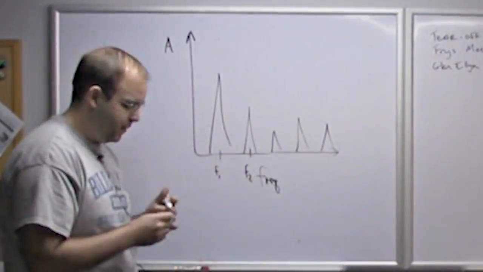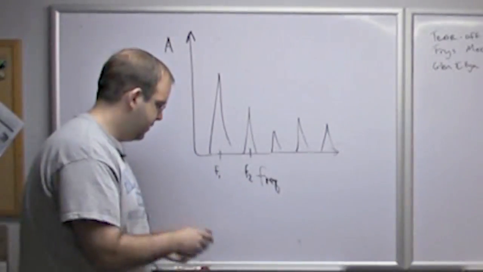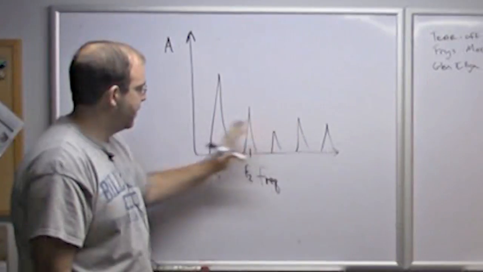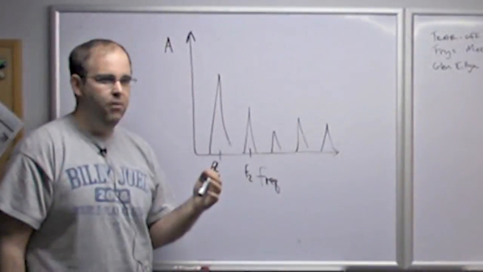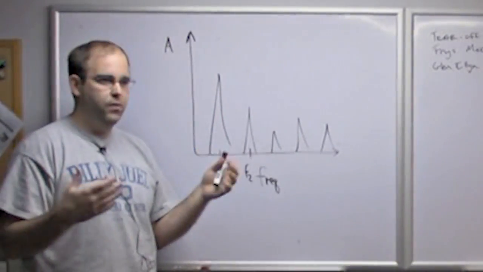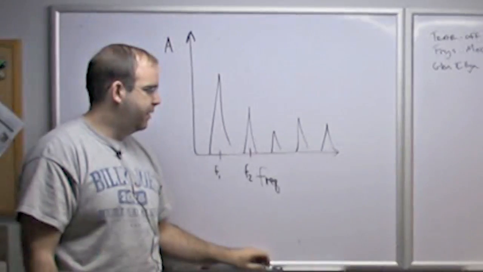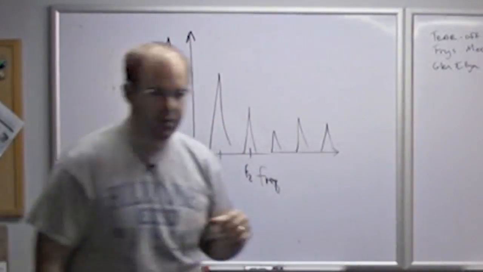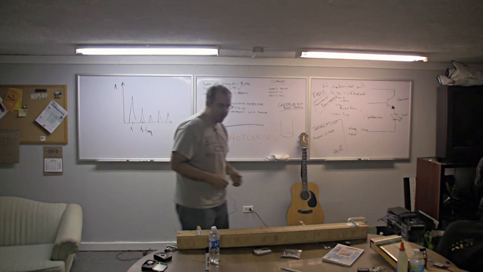But what's interesting is that this spectrum here is like a recipe for how the sound sounds, and what the spectrum is most closely tied to is the timbre of the sound.